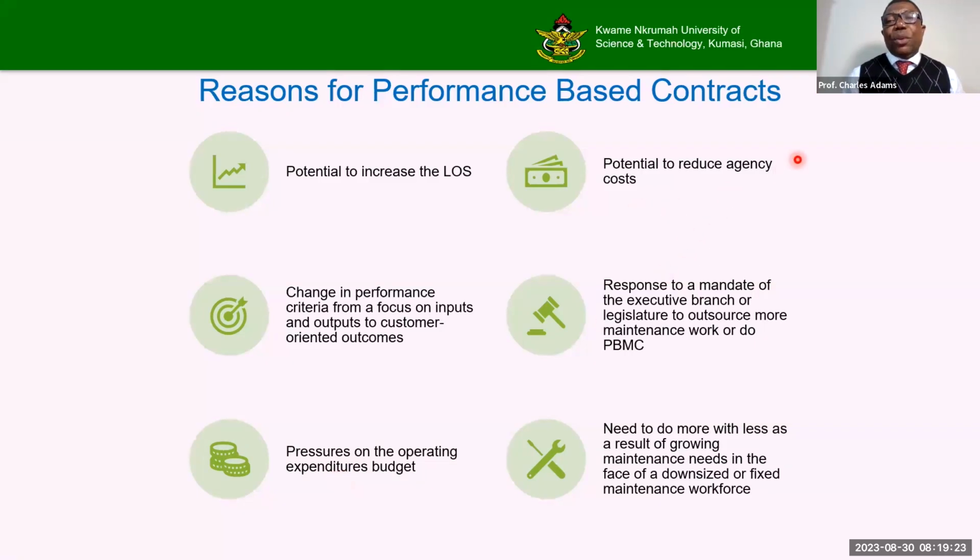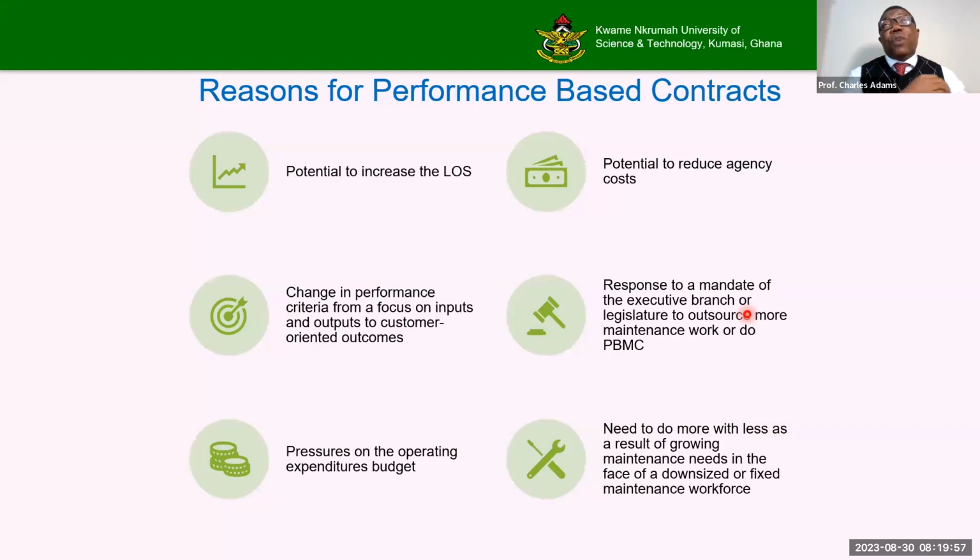Then there's a potential to reduce the agency cost because now you are bringing a contractor or contracting entity who is supposed to be very innovative in its design, innovative in its approach, efficient, and take responsibility for a lot of things so that he can even end up reducing the costs or the life cycle costs of the road, and therefore the agency costs. Now, there is the response to the mandate of the executive branch or legislature to outsource more maintenance work.